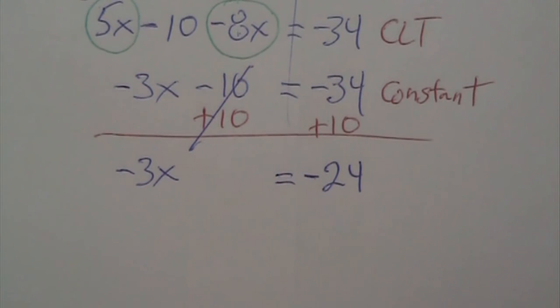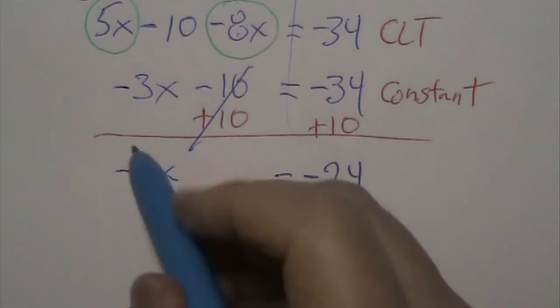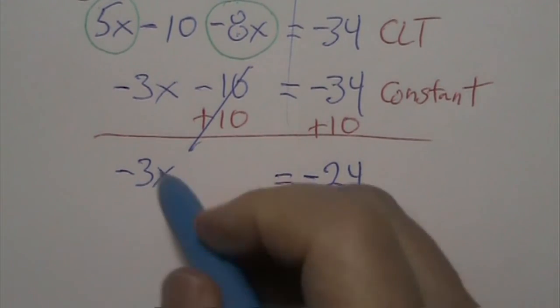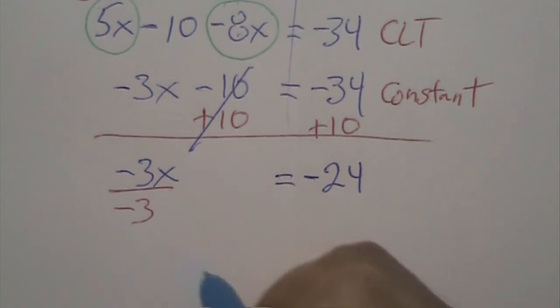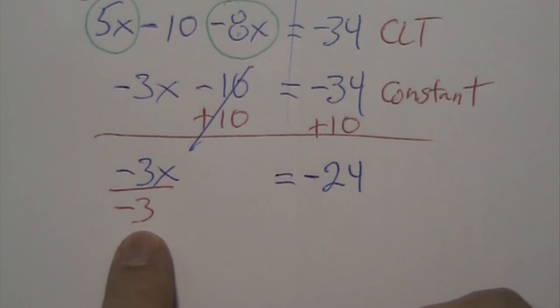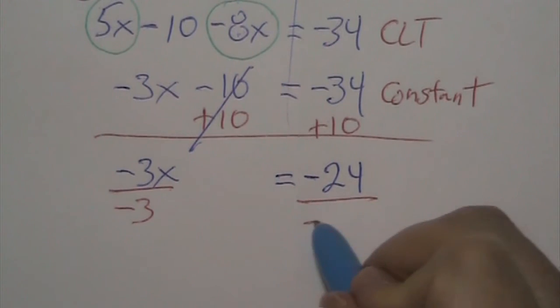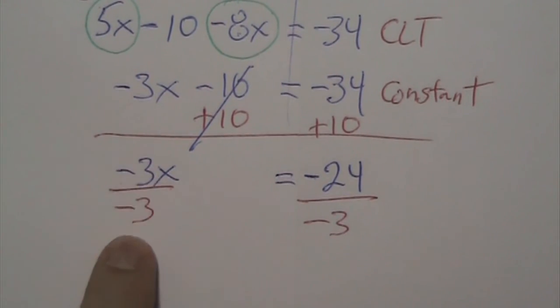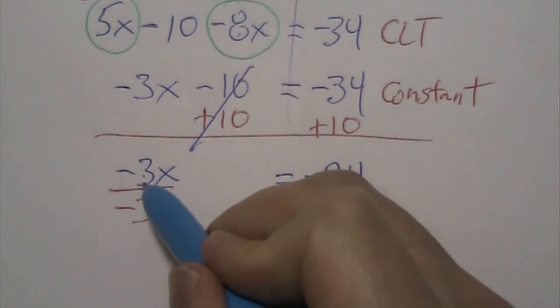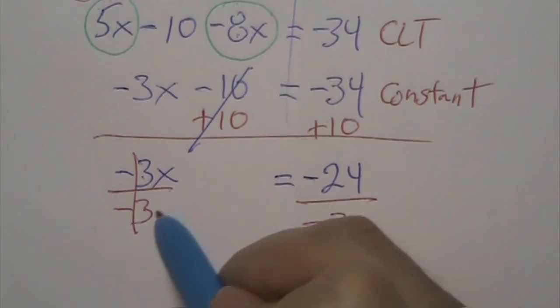Last step. Coefficient. To get rid of the coefficient, to get rid of the negative 3, I would simply divide by the same number. Don't do 3, you want negative 3. Because we want this a 1. Negative 3 divided by negative 3 is 1.